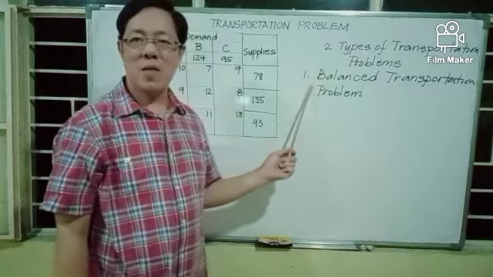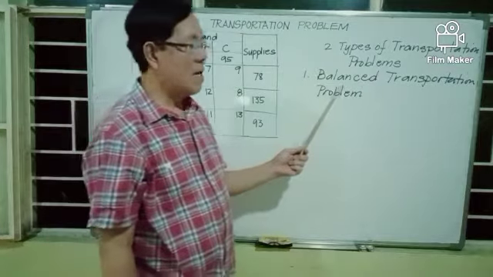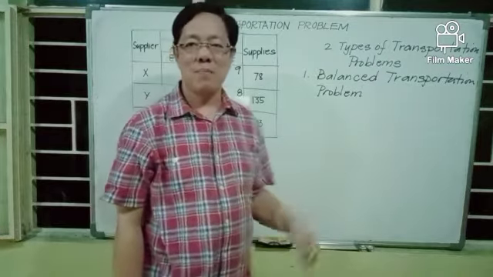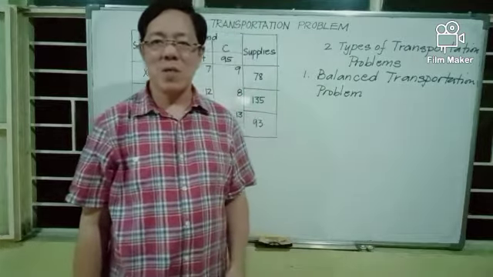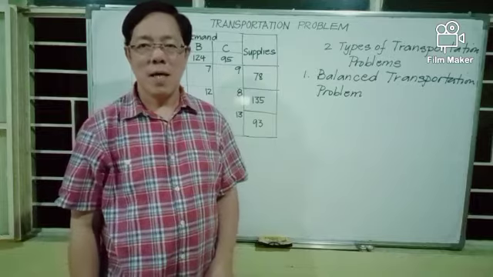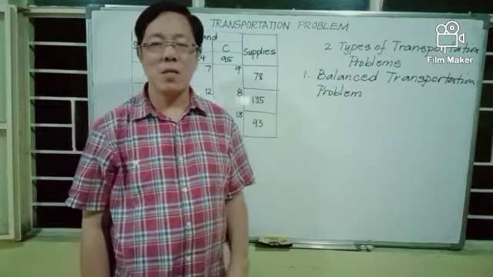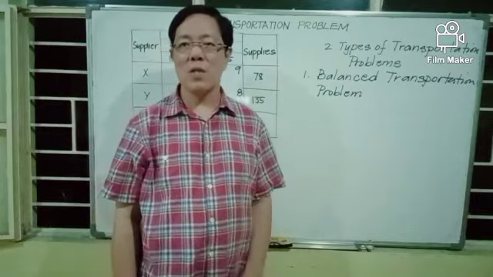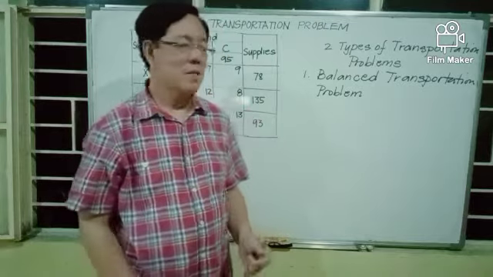The first type is called a balanced transportation problem. The balanced transportation problem can occur in only one way, and that happens when the total demand is equal to the total supply.